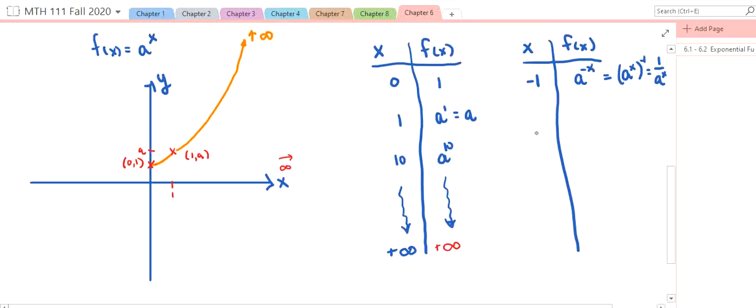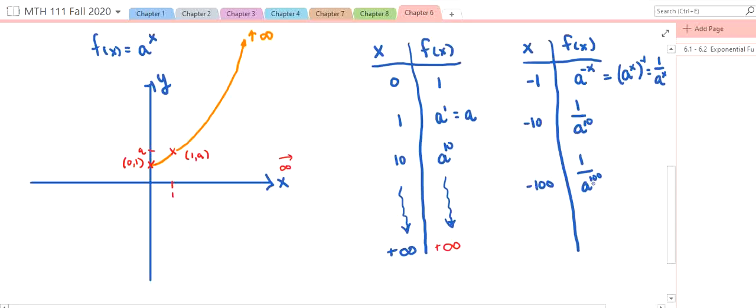And when x is minus 10, this will be 1 over a to the 10. And when x is minus 100, this will be 1 over a to the 100, and so on. So the denominator keeps getting bigger.